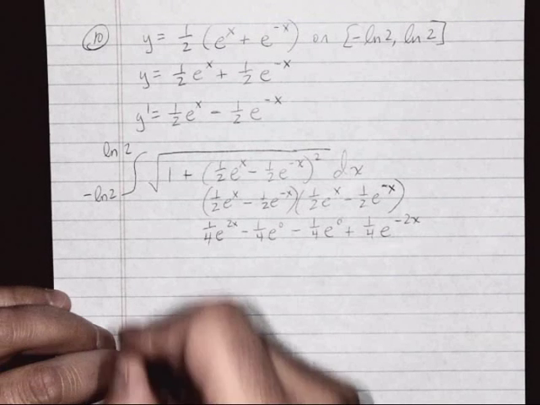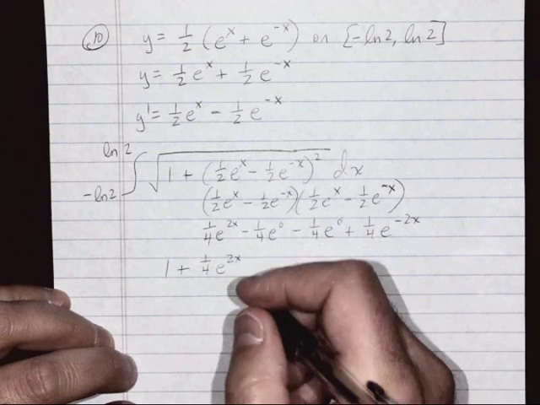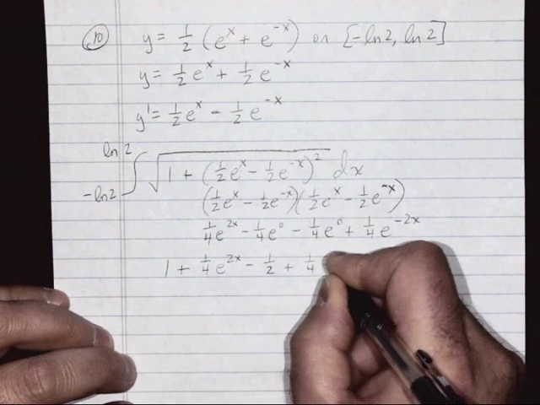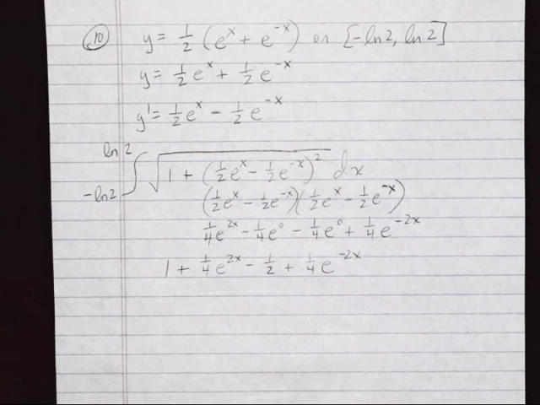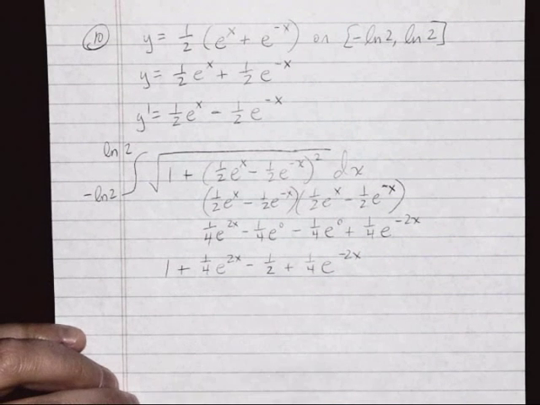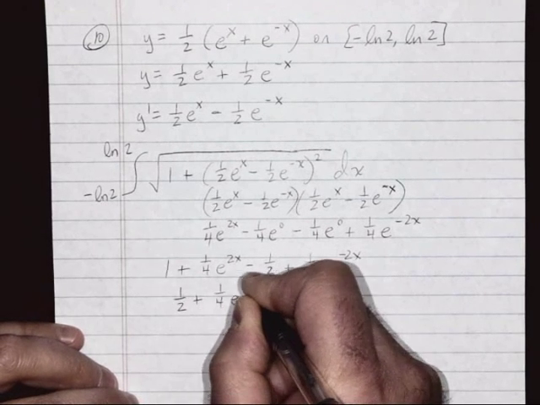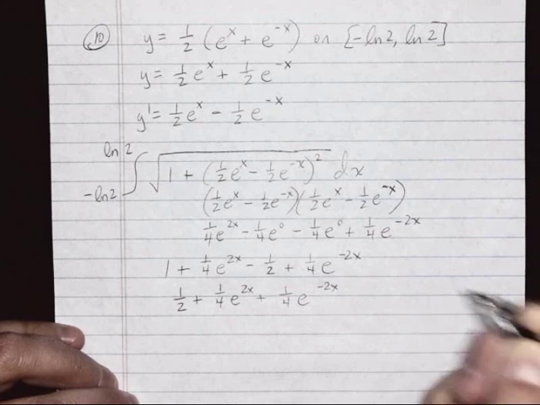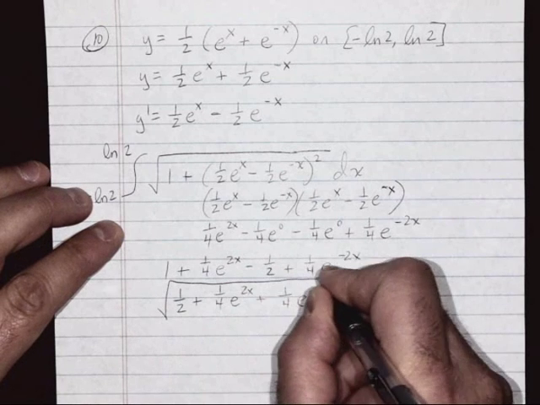So that ends up being -1/2 there. When I combine those two together, and then 1 minus 1/2 is going to give me 1/2, since these are going to be like terms. And that's all going under the square root.